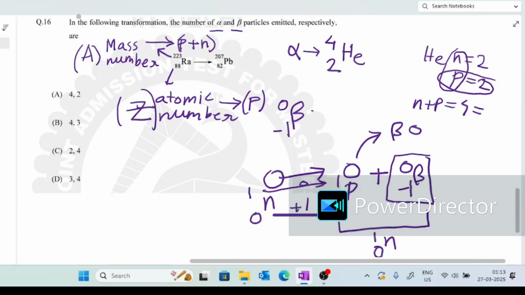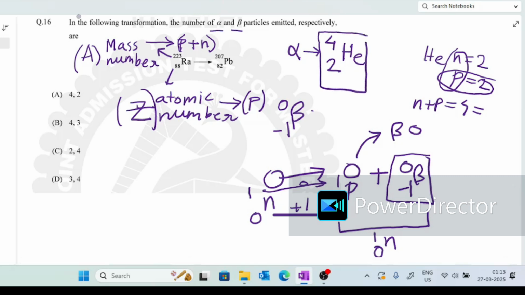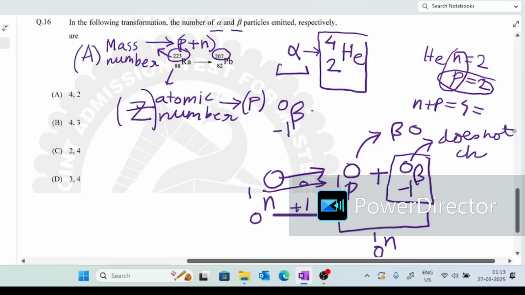So as you can see, this is an alpha particle and this is a beta particle. Here you can see the mass number changes from 223 to 207. The first step is obviously to check how many alpha particles have been emitted, because the beta particle does not change the mass number.